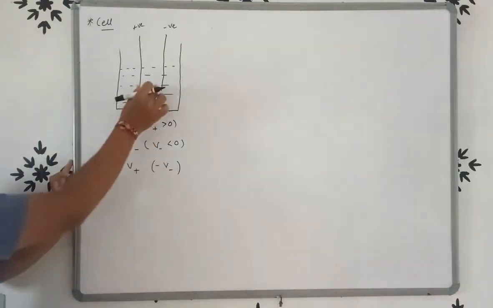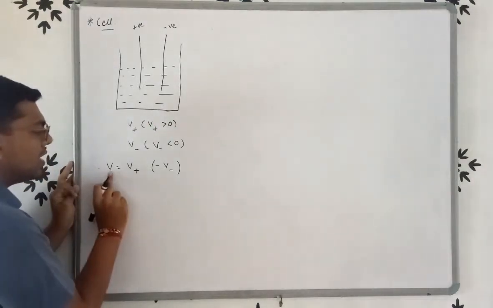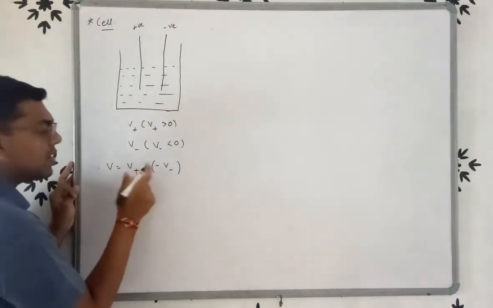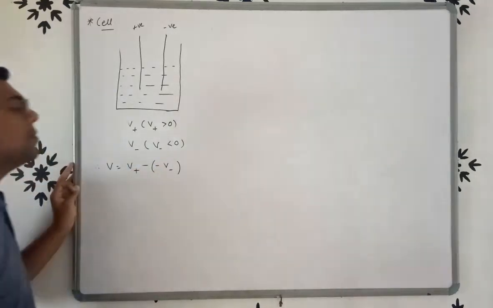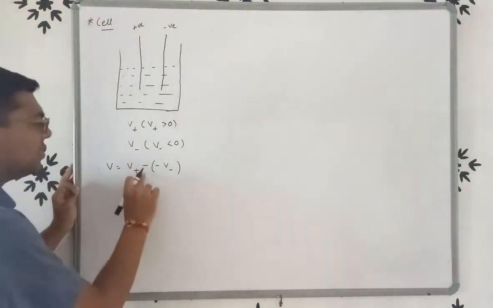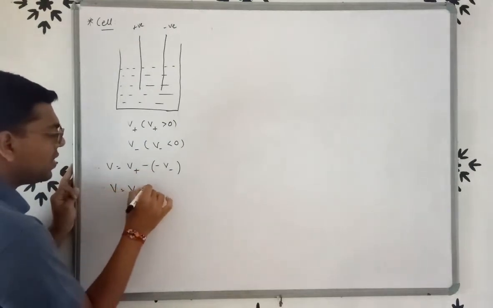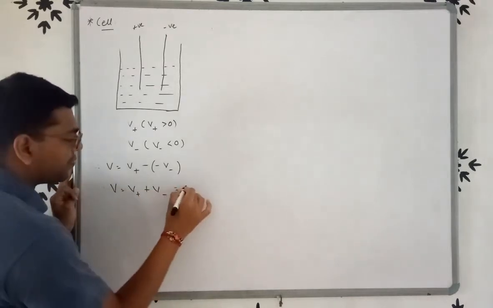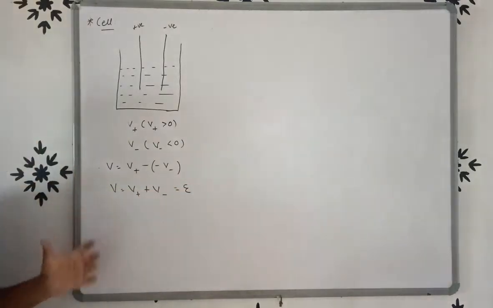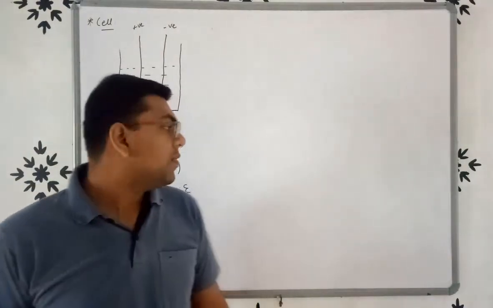Right, so the potential difference between these two electrodes is V equals V plus minus V minus, and this is also known as EMF.